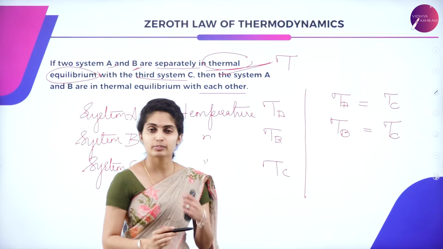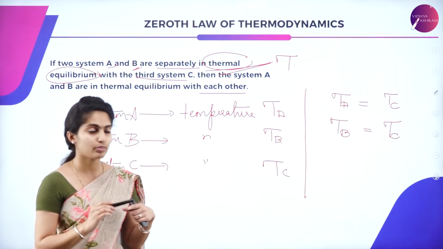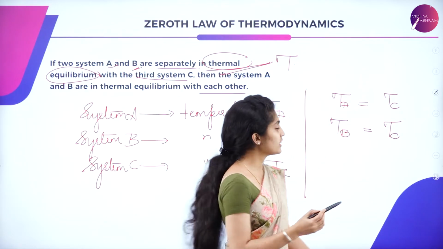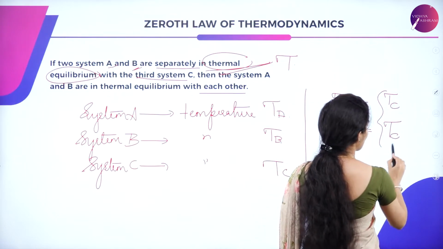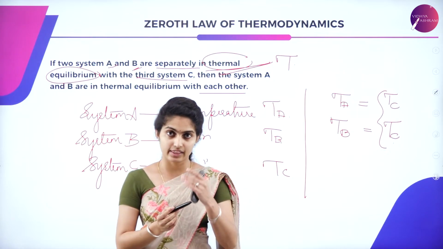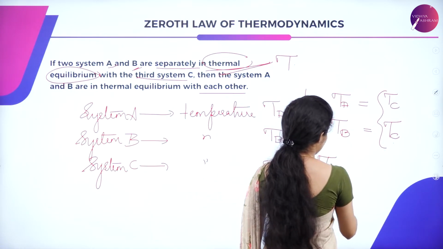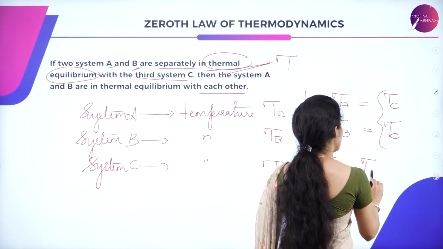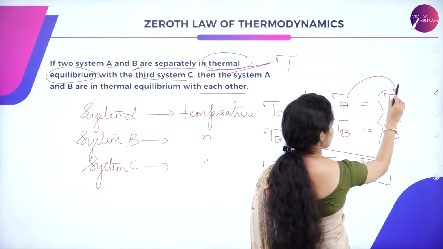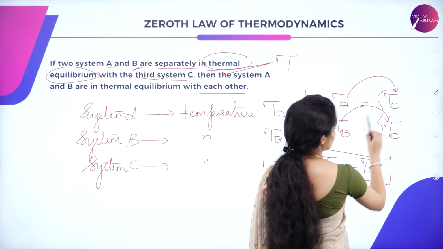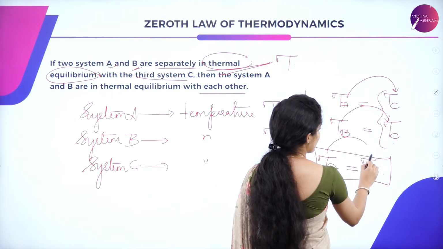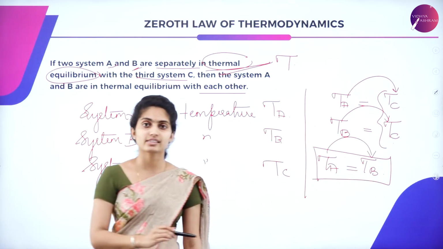System A is in thermal equilibrium with C and system B is also in thermal equilibrium with C. So both are in thermal equilibrium with C, then you can say TA is equal to TB. That means if system A is in thermal equilibrium with C and system B is in thermal equilibrium with system C, then system A is in thermal equilibrium with system B.